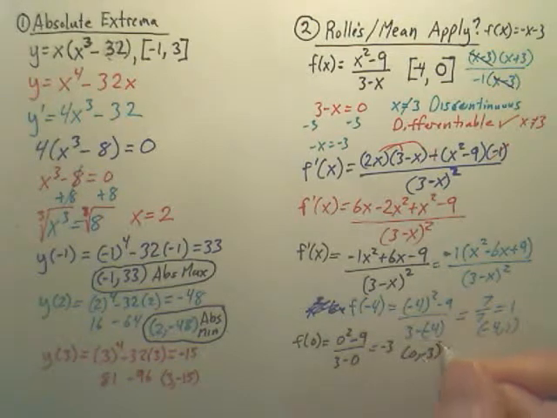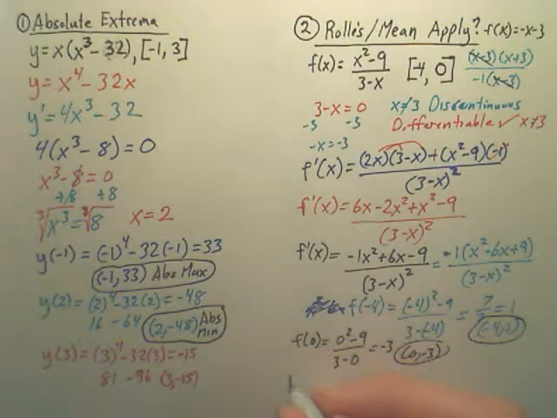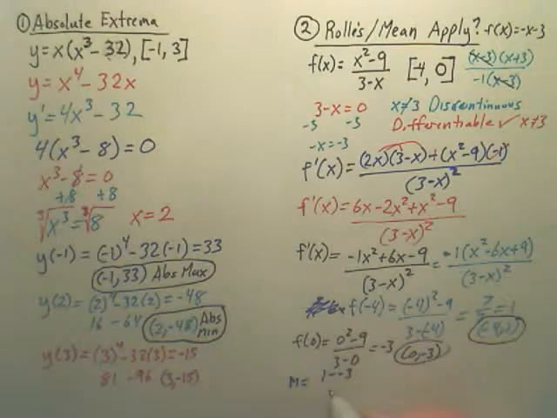So 0, negative 3, and negative 4, 1. Can you find the slope through that line? The slope is 1 minus negative 3 over negative 4 minus 0, which is 4 over negative 4, which is negative 1.